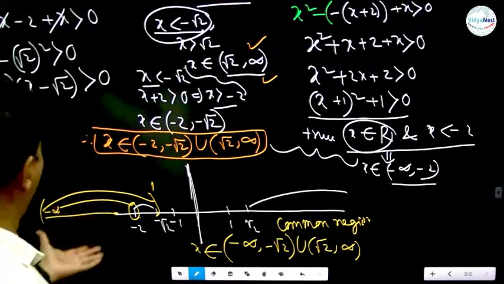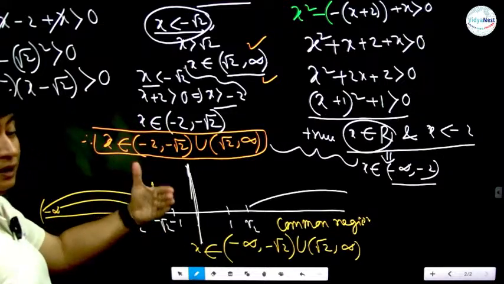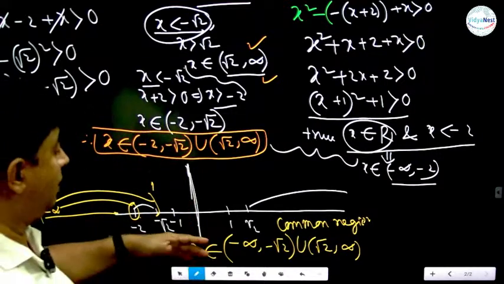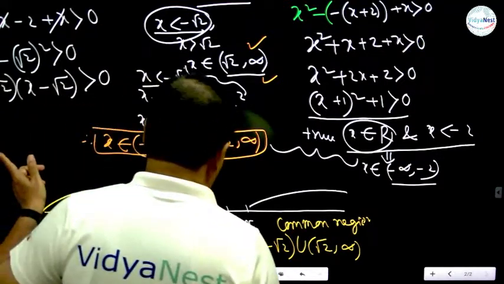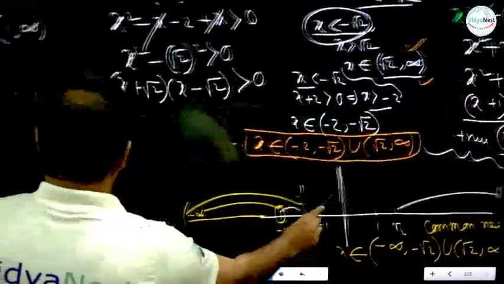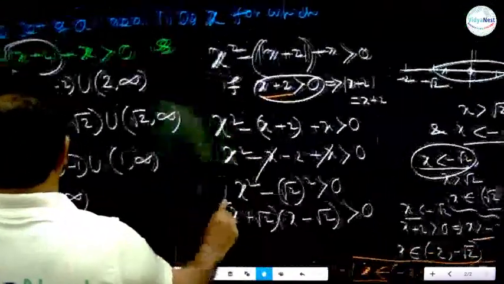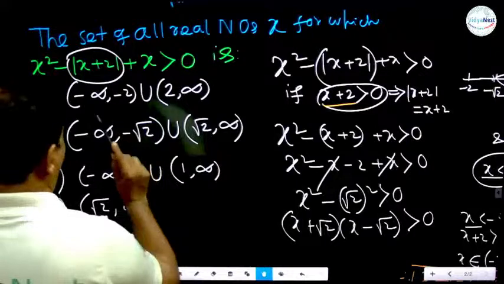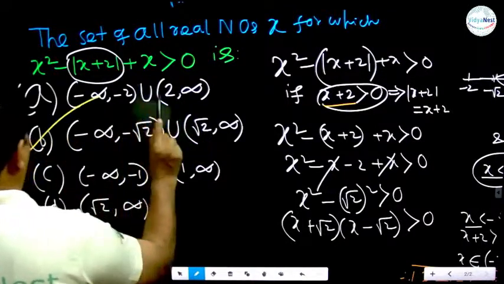Let us examine whether our derived interval can match with any given option or not. Let's see. Yes, option B is correct.